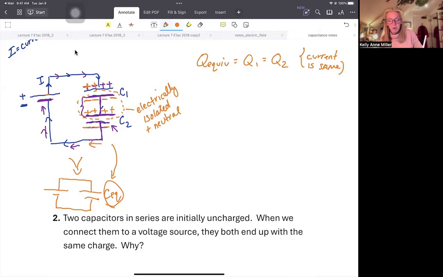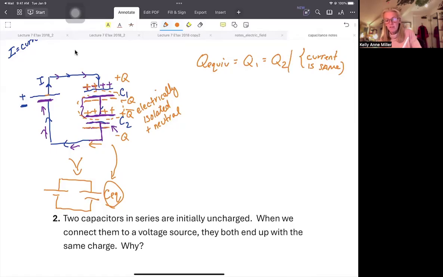And therefore, you're going to have the same magnitude of charge on each of these plates. There will be a plus Q charge on that top plate and a negative Q charge on that bottom plate, and then a plus Q charge on that top plate and a negative Q on the bottom plate. So you start with this fact, that the charge is the same.